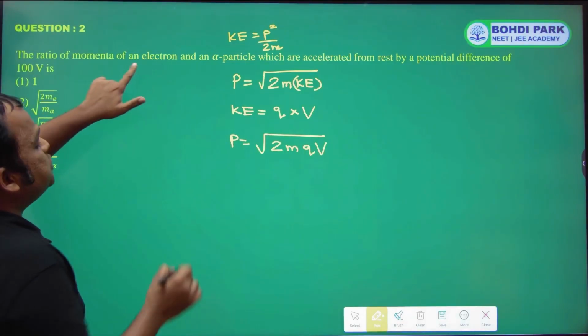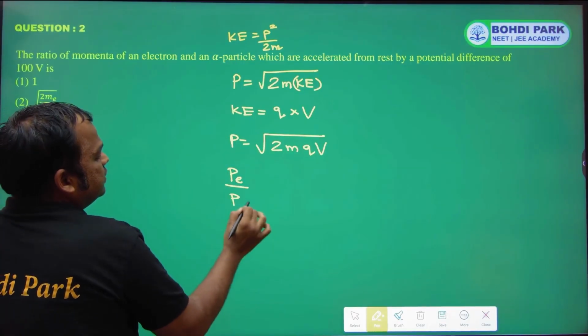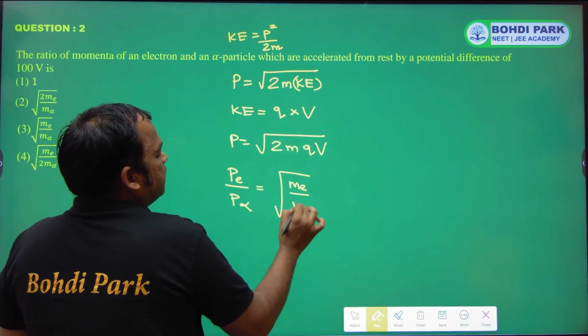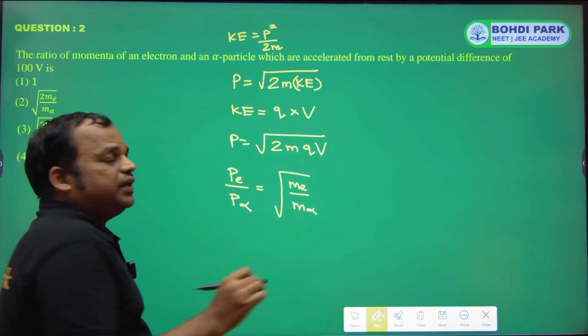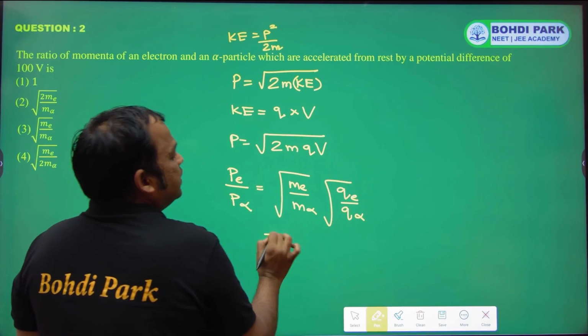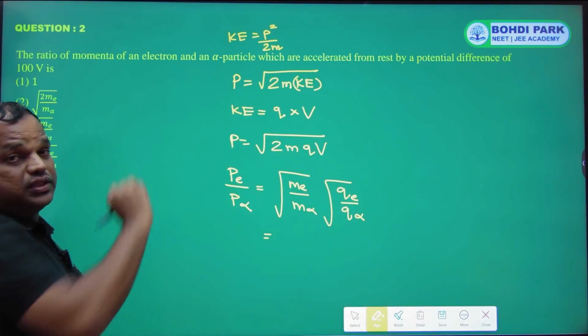We have to find the ratio of electron and that of alpha particle. So that will be equal to square root of mass of electron by mass of alpha particle into charge of electron by charge of alpha particle, and the potential difference is the same for both.